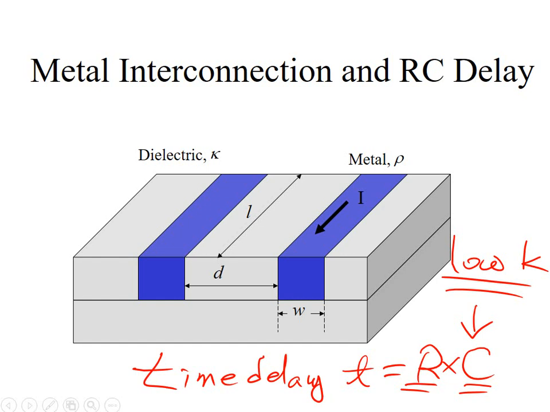So that means it's not cost effective. So once you have the resistance fixed, using copper as the conducting wire, the only way to reduce the time delay is to reduce the capacitance of the insulator. That means you need to develop low K dielectric materials.